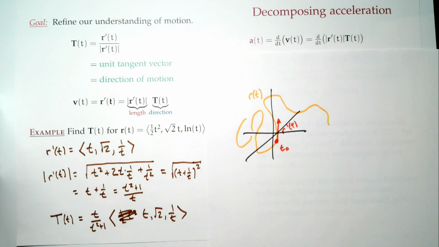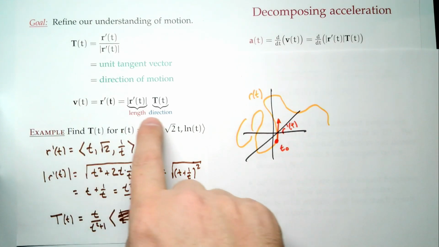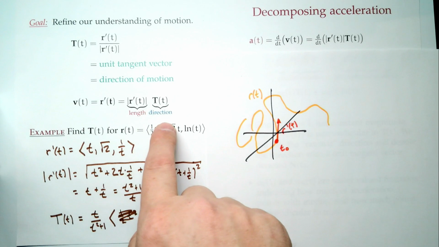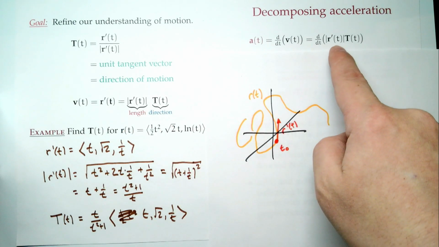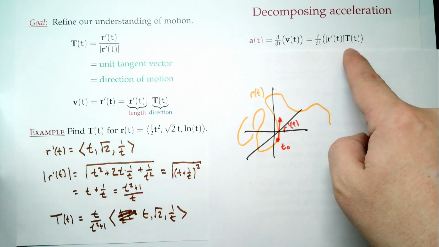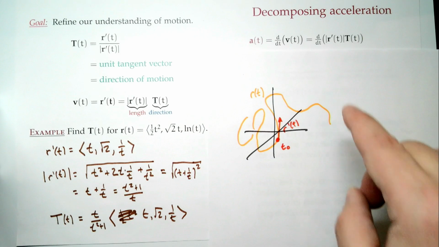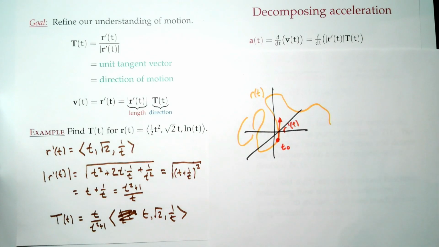What's velocity? Very conveniently, we found a new way to write velocity as a magnitude times direction. So it's the magnitude of r prime times this unit tangent vector, and they both depend on t. Now I have a derivative of a product. What rule do I use?